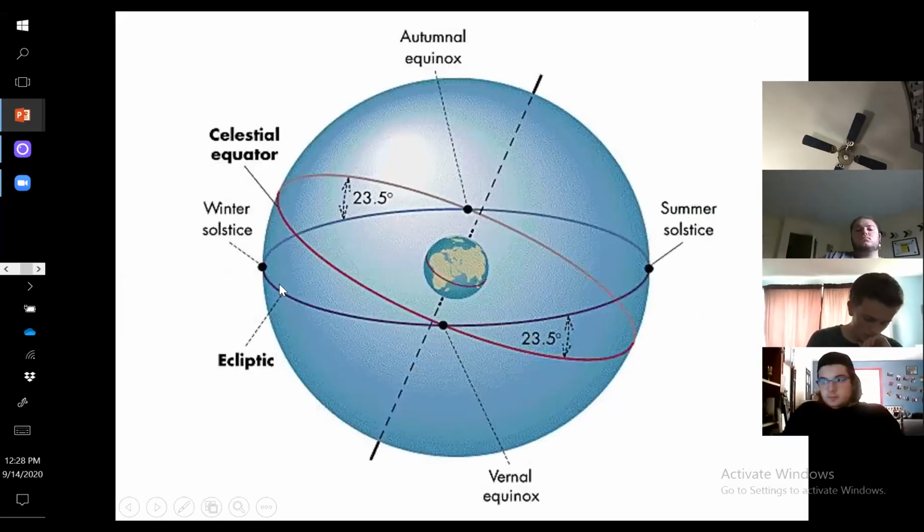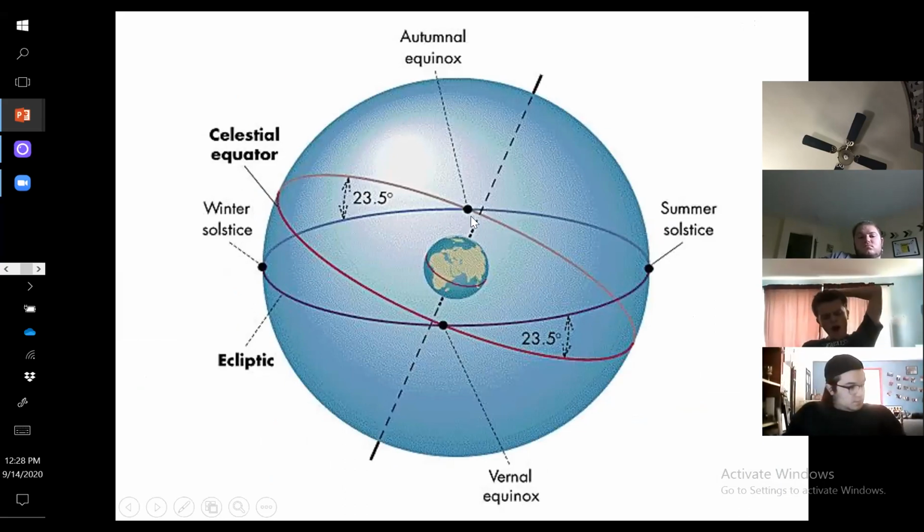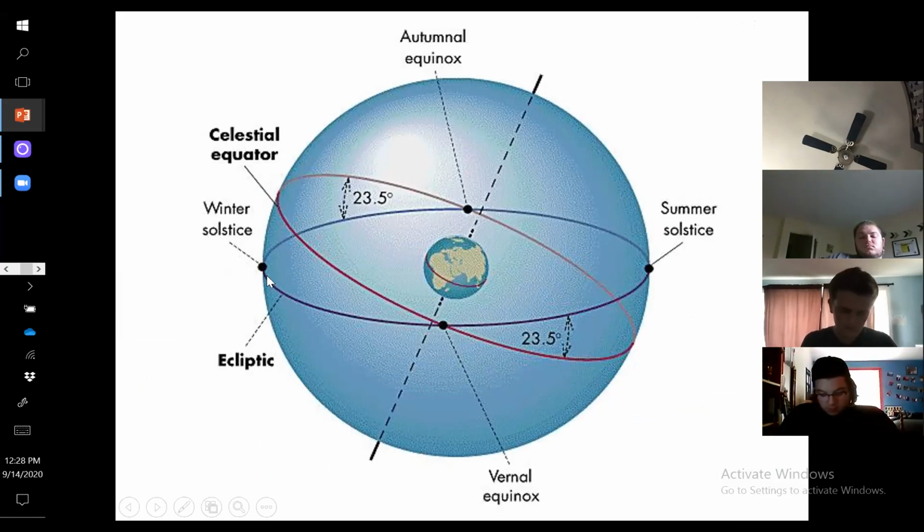Remember that the Earth projected onto the sky projects a north celestial pole, a south celestial pole, and the red line here represents the celestial equator. The purple line represents the ecliptic. The ecliptic is the path that the sun makes against the background stars over the course of 1 year, as it drifts through the constellations of the zodiac.